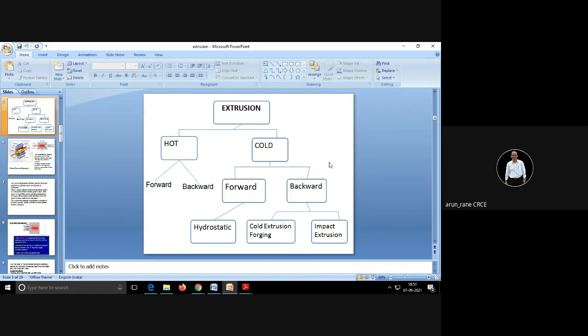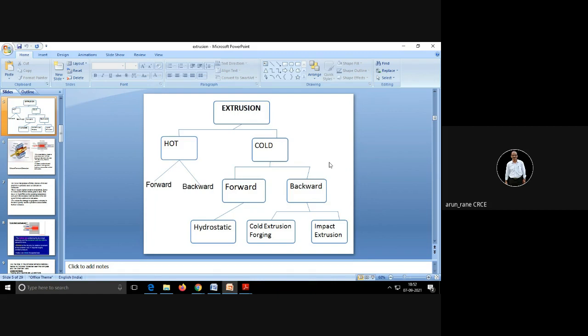If you are extruding aluminum, you will get a layer of aluminum oxide on the surface. You need to clean these layers on the surface. Therefore, hot extrusion is always followed by some kind of machining or finishing process. Whereas in cold extrusion, there is no oxidation, or if at all oxidation takes place, it's quite less.